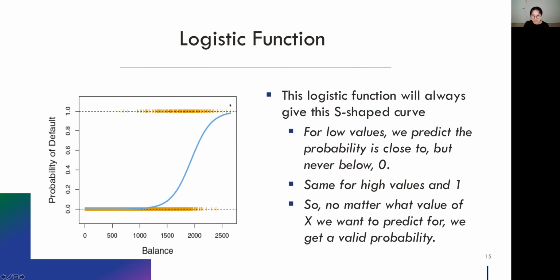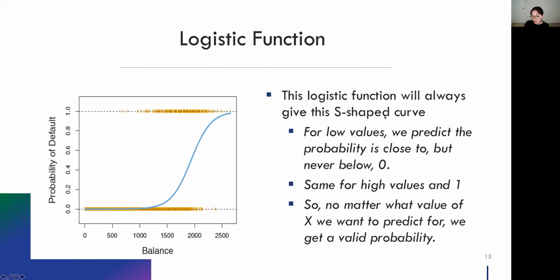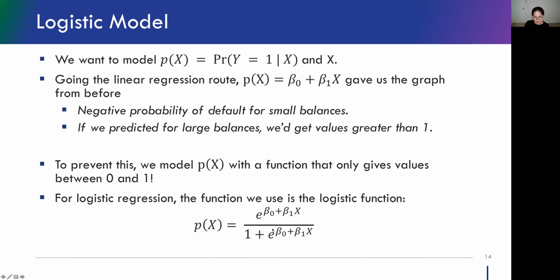This logistic function will always give you an S-shaped curve with respect to x. In this case, x is the balance. So for low values, we predict the probability is close to, but never below 0. And similarly for high values, close to 1, but never above 1. So no matter what value you have for x, we would get a valid probability with this logistic function.